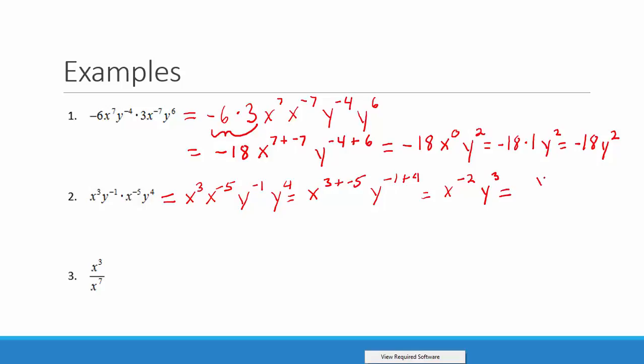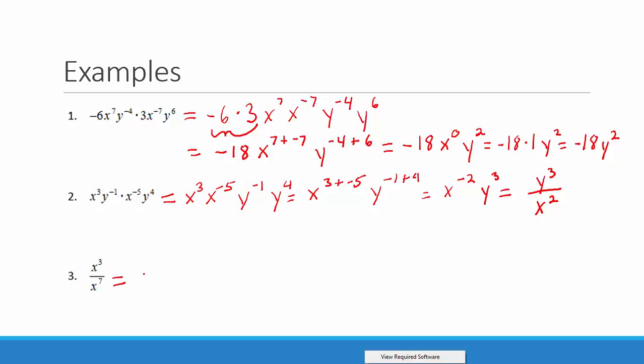The y variable will stay in the numerator as it has a positive exponent, and the x variable will go to the denominator and get a positive exponent in the denominator. The x variable has a negative exponent, so then we will rewrite it with a positive exponent in the denominator. When we simplify, we want to make sure we always have positive exponents.